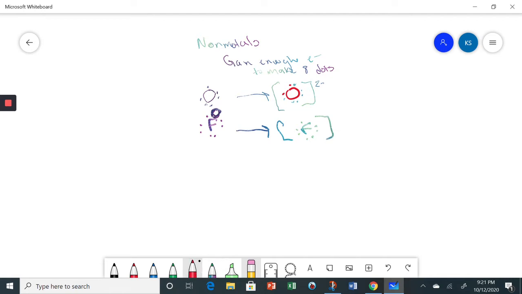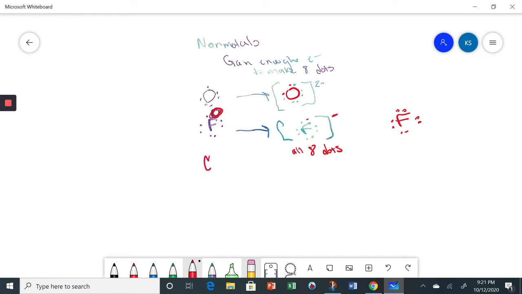The reason why I'm cheating is I know as a nonmetal it will have all 8 dots. So I don't sit there and go, because it has all 8 dots, I'm going to put the first 2 together, and then I'm going to do around the horn, and then I'm going to come back and put the next set around the horn. That's what you should be doing, but I know I'm drawing an ion. I'm like, all right, save time, dot, dot, dot, dot, dot. And I know that this is just a minus because I only had one empty space.